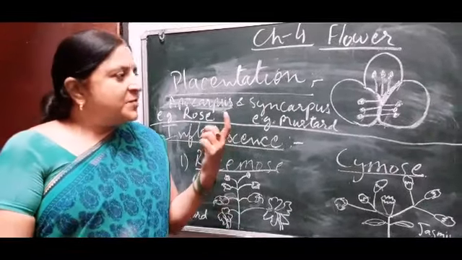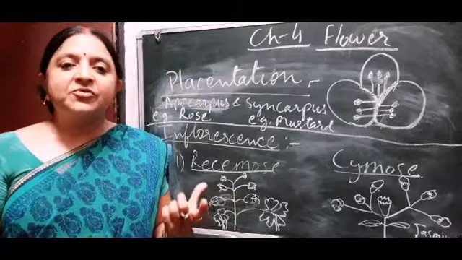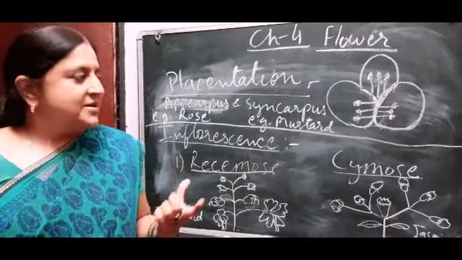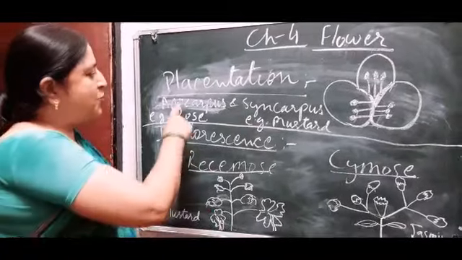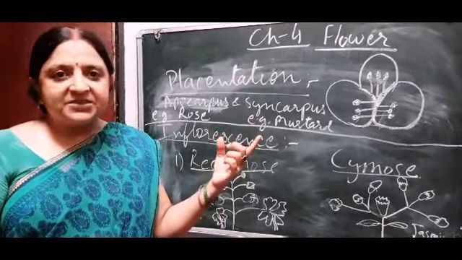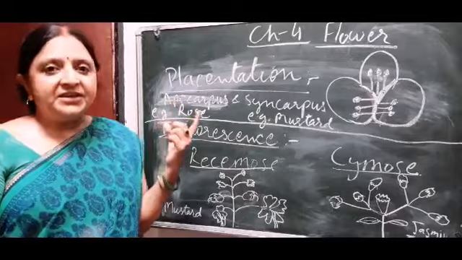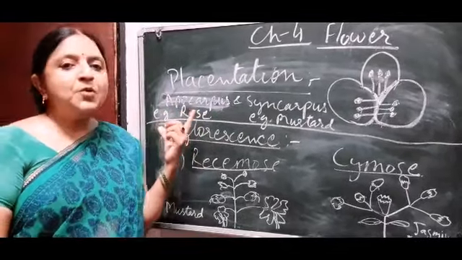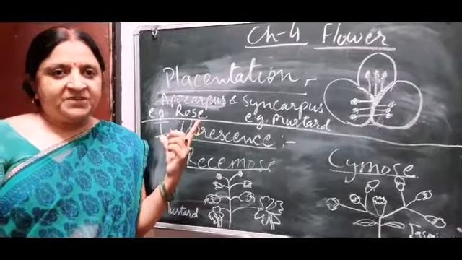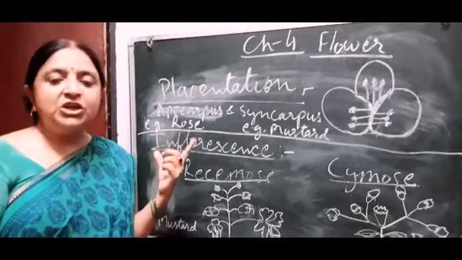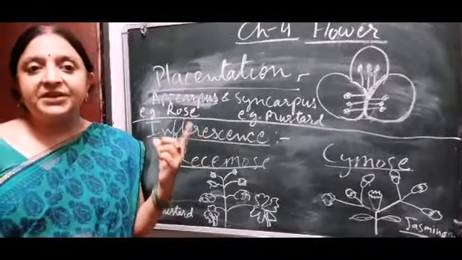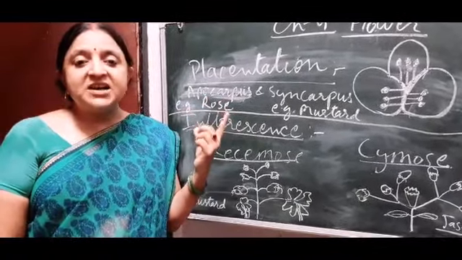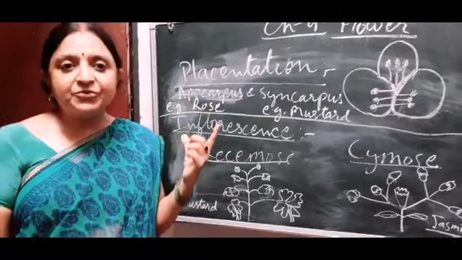On the basis of fused and free carpels, there are two conditions: apocarpous and syncarpous. When the carpels are free, that condition is called apocarpous, and the example is rose. In rose, carpels are free, not fused.